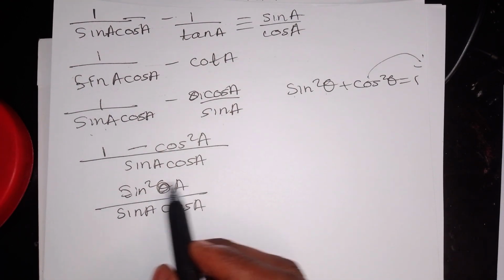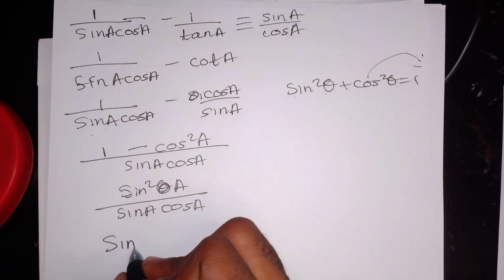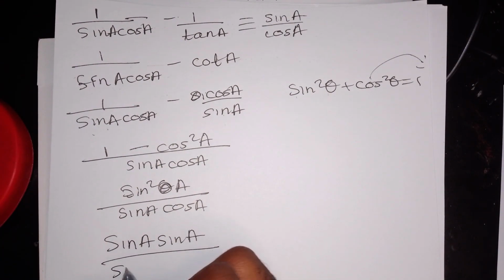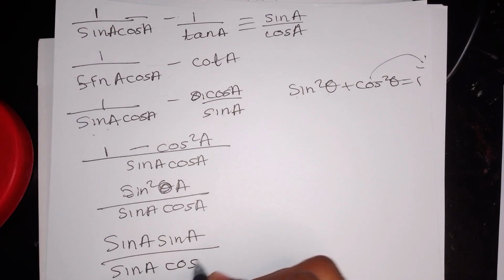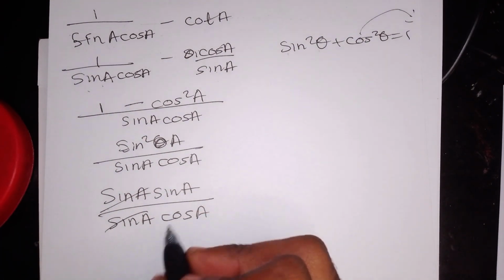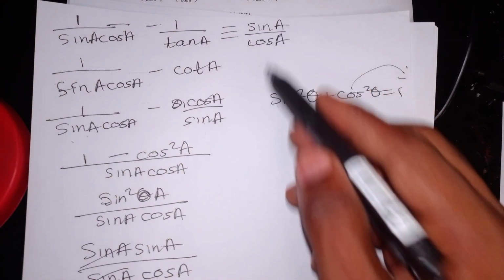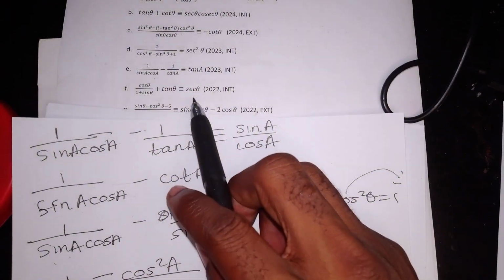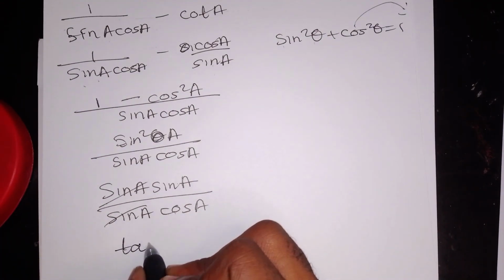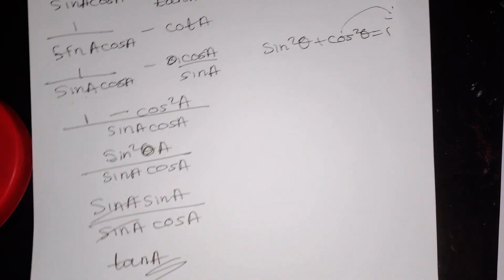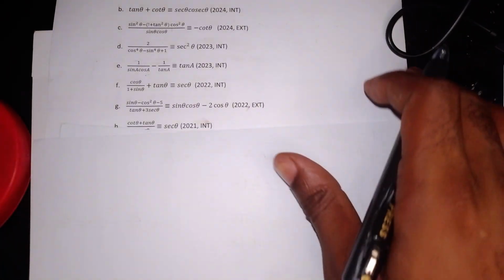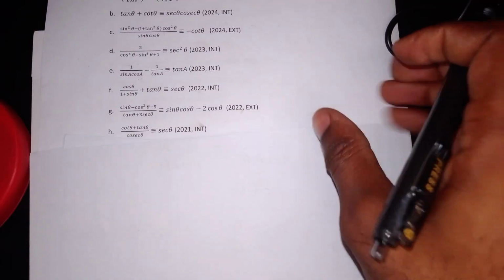So you can just express this as sine A multiplied by sine A, then over sine A multiplied by cos A. And then now these two will go, and then you remain with sine A over cos A as required. But of course, you're trying to show that this is equal to tan A, and you're done.